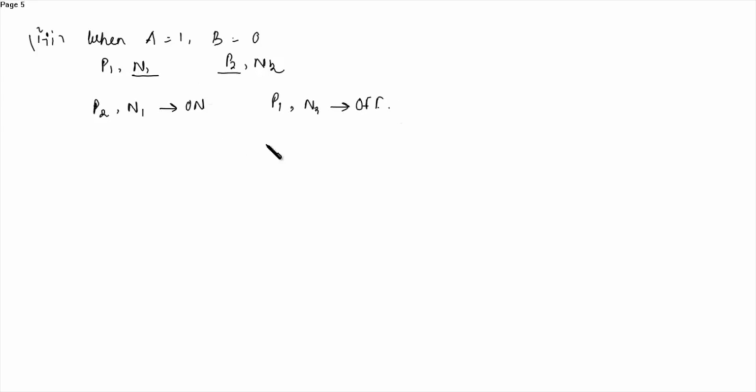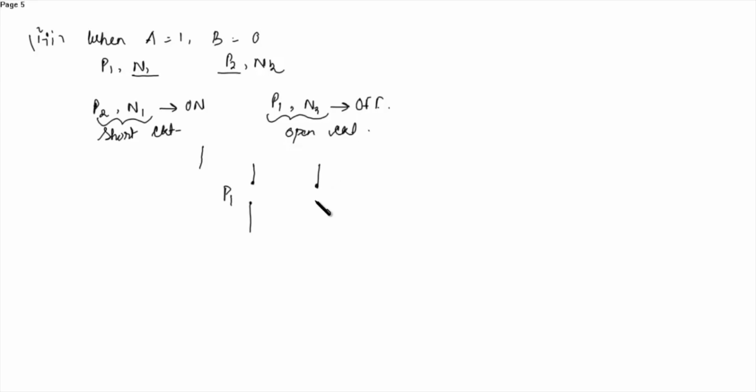So if we represent it in the schematic, P1 is off, so this is represented as open circuit. And since this is on, this is represented as short circuit. So P1 is off, so this is open, P1.